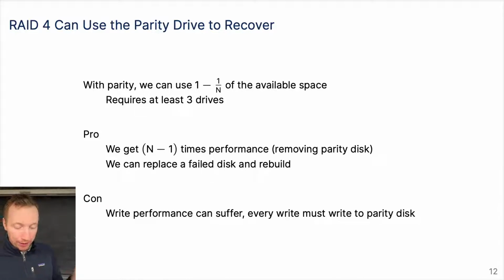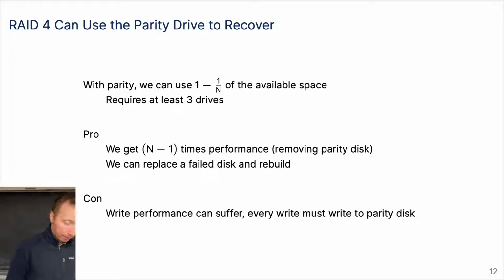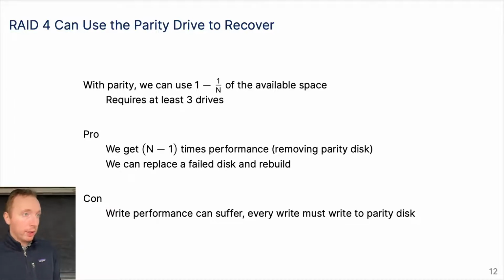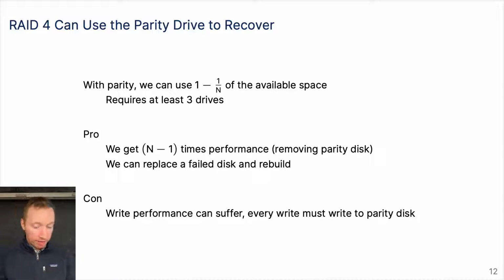But with parity, you can use essentially all of the space minus the space from one of the disks, and you need at least 3 drives to do RAID 4. So we can get n minus 1 times performance because all the rest of the data is striped, and that's essentially arguing that we ignore the parity disk, and then it's essentially like RAID 0.